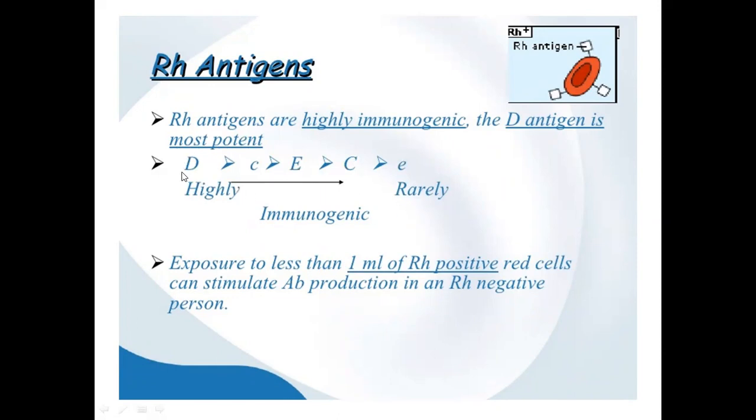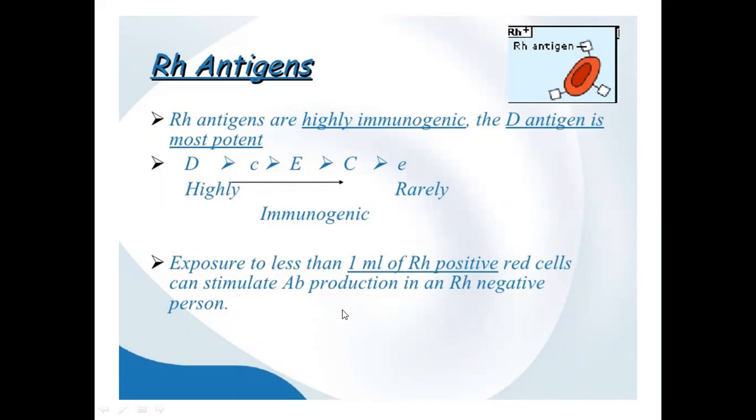This is the reason why it's only D that we detect in the red cell suspension of an individual when we phenotype the Rh grouping, because among these 5, the D is the most potent and it can specifically react with its antisera, anti-D.